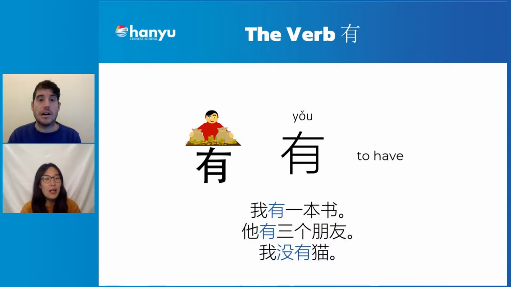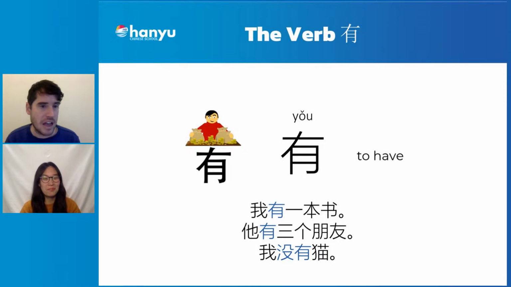I have a book. Very good. So it's a normal verb, have: I have, you have, he has. We can also say 他有三个朋友. He has three friends.